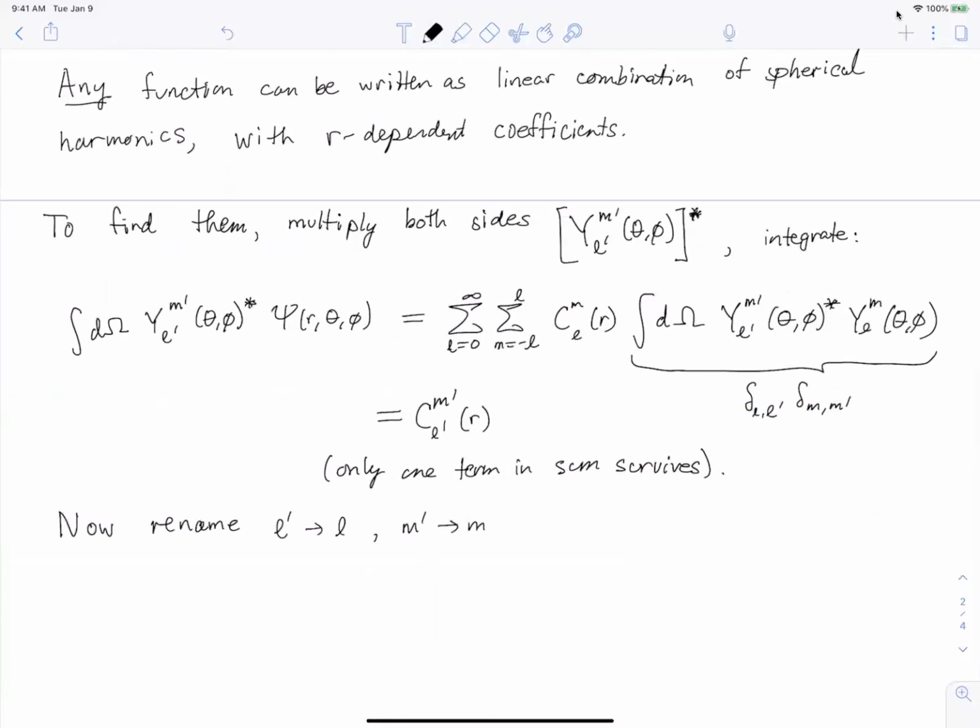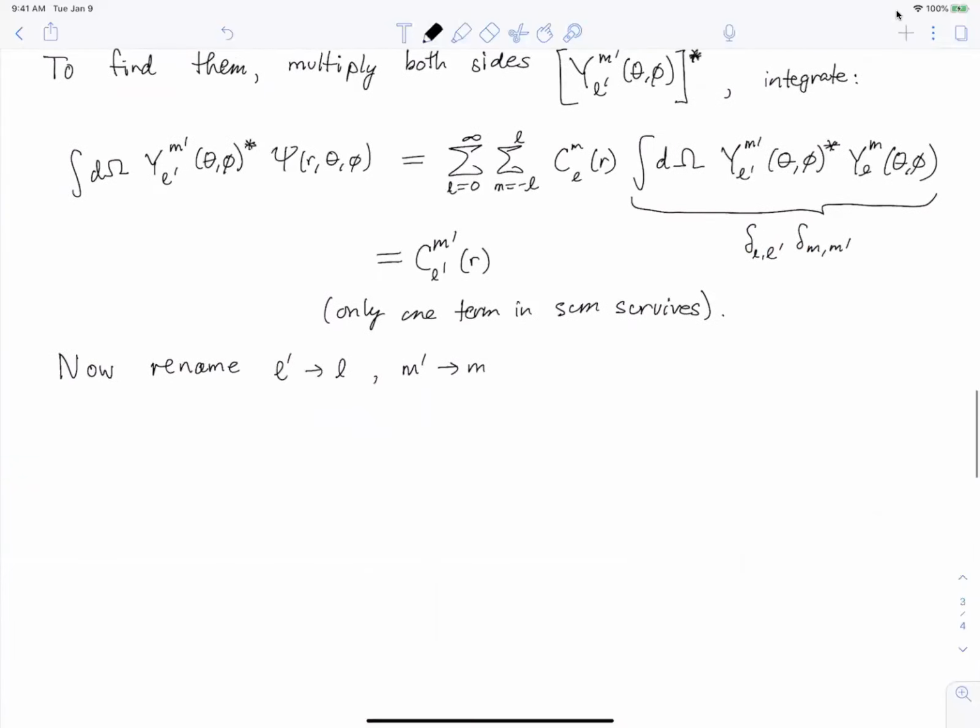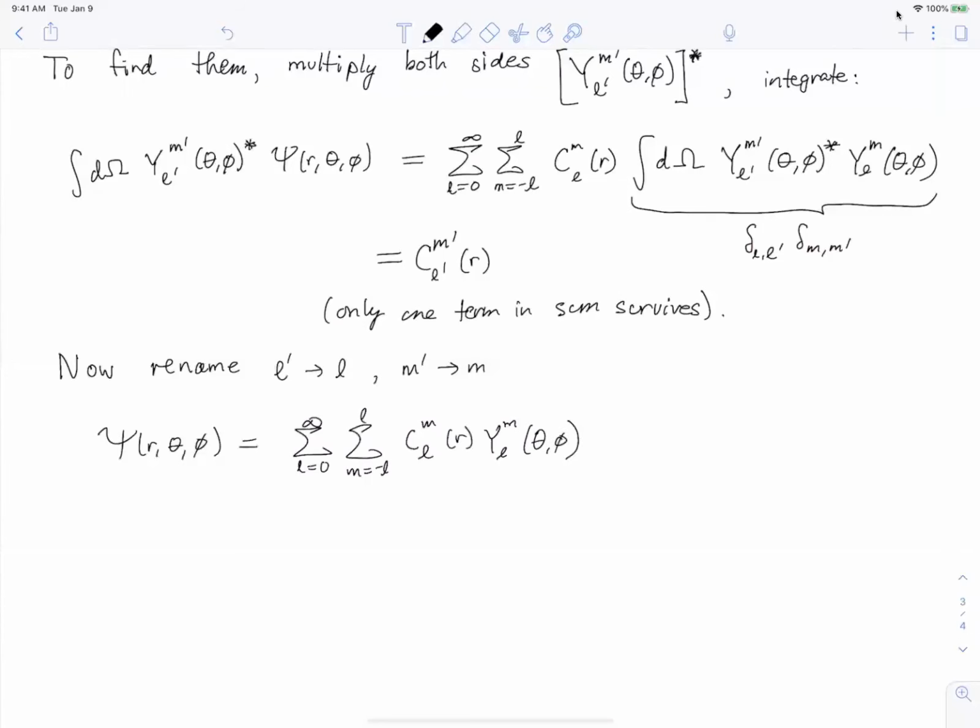And so we get the following equation that's very important. Psi of R, theta, and phi is equal to the sum over all L's, sum over all M's, of these coefficients, CLM of R, times YLM of theta and phi.